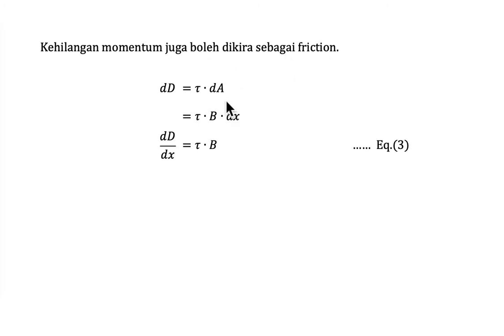As we know previously, force is equal to tau A, and then we could say that the deficit momentum is actually shear stress times dA, where A here is dx, the length of the flat plate on the x-axis, times its width b. Then we could simplify this term into dD over dx equal to tau b. And we state this expression as equation 3.